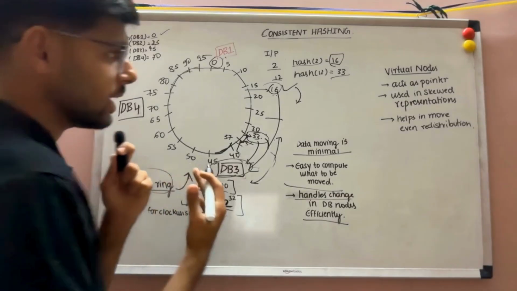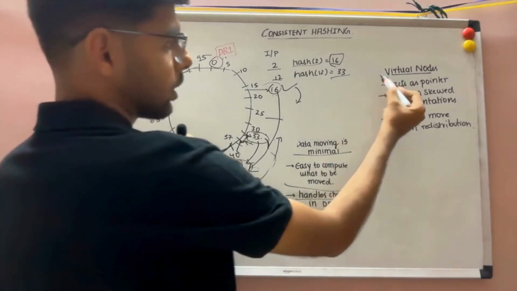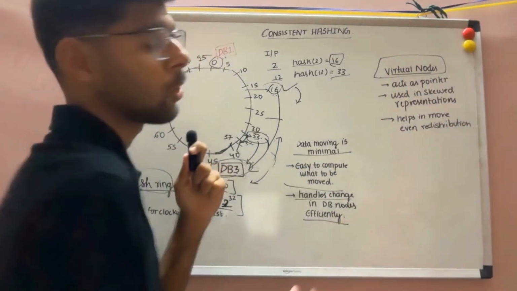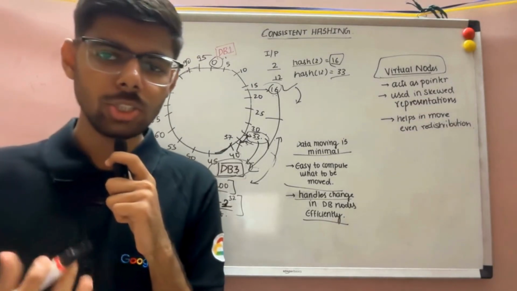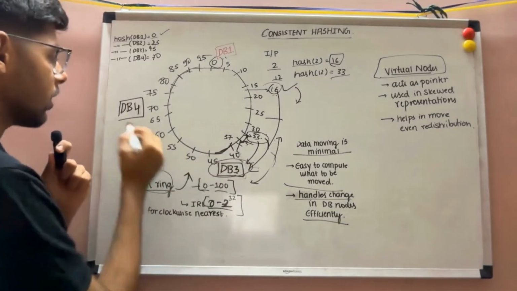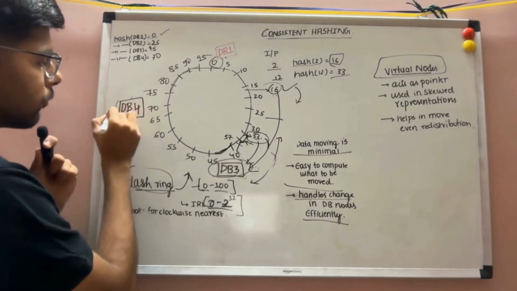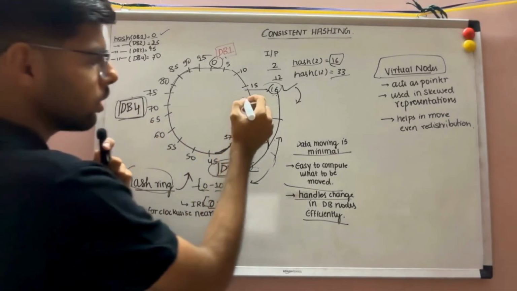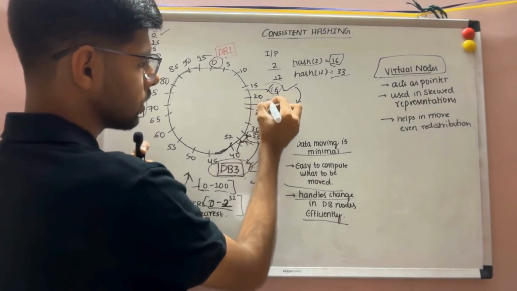That is when we introduce the concept of virtual nodes. Now, what are these virtual nodes? Virtual nodes are simply pointers. So let's say we have database 4. Now database 4 will have a virtual node present somewhere here.